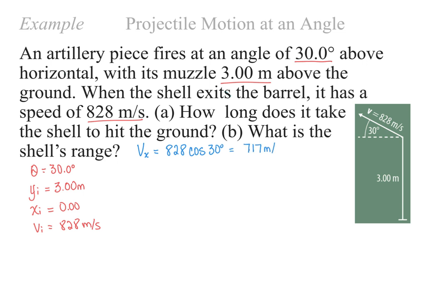And I'm going to get something like that. And then I'm going to do the same thing for Y, but remember Y is an initial because it will be changed based on gravity. I'm going to do the same thing with my Y, but I'm going to use the sine of 30.